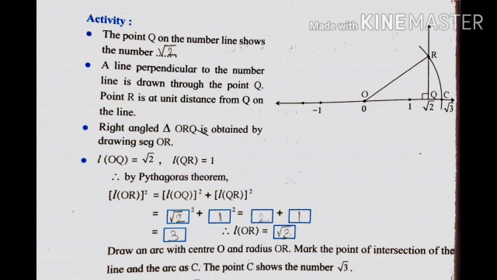Now we will draw an arc with center O and radius OR. Mark the point of intersection of the line and the arc as C. The same step we will do as we have done when we were drawing root 2. The point C shows the number root 3.